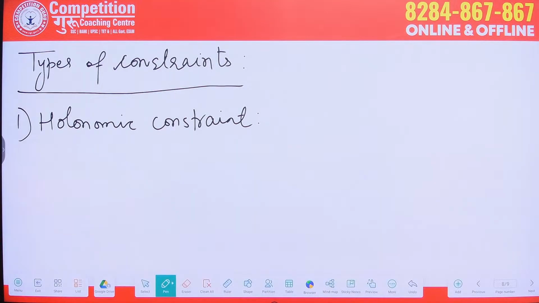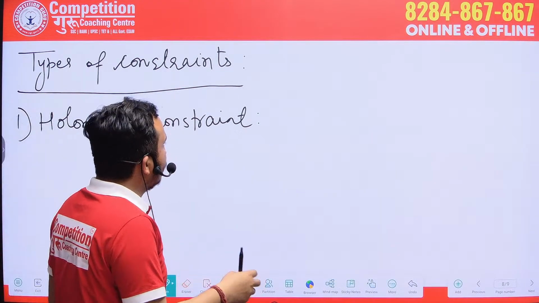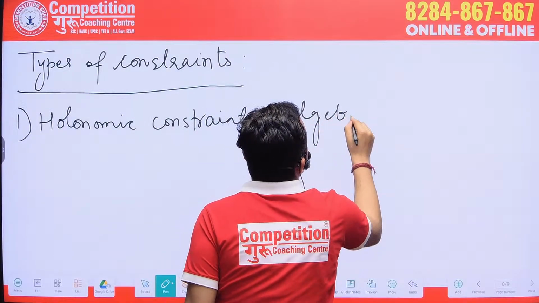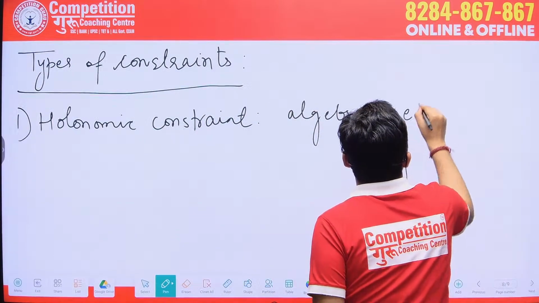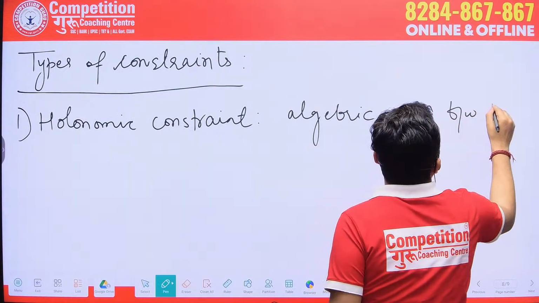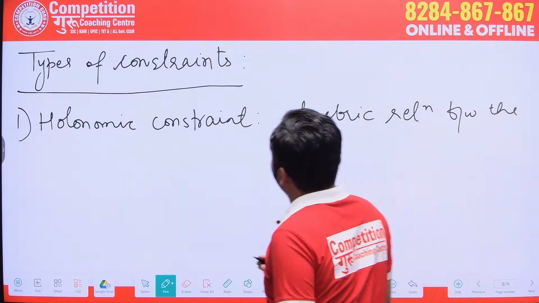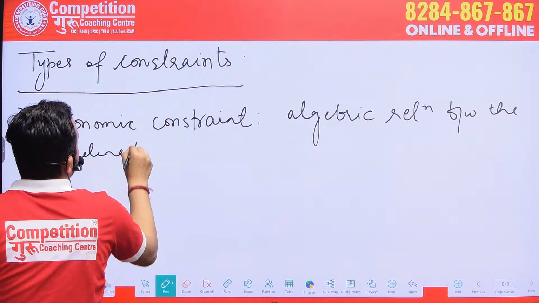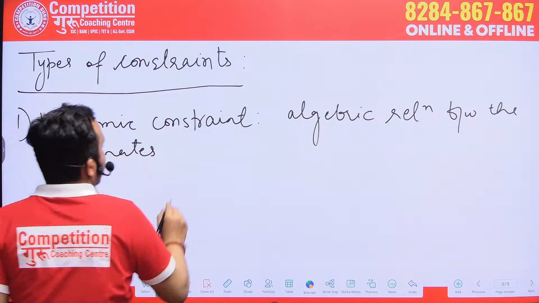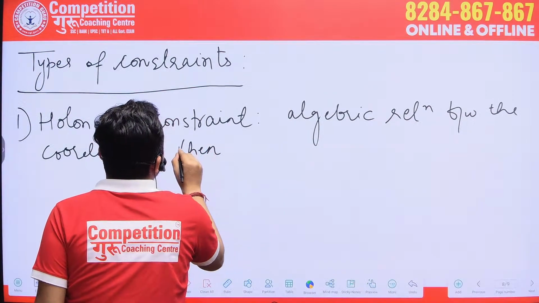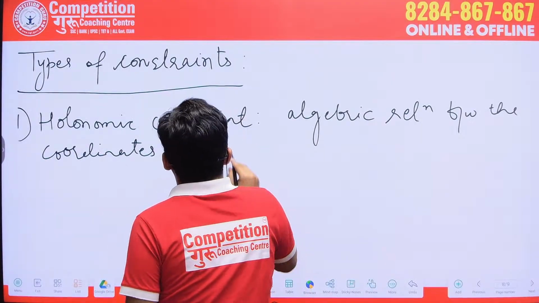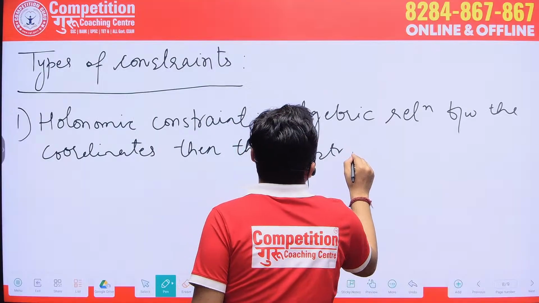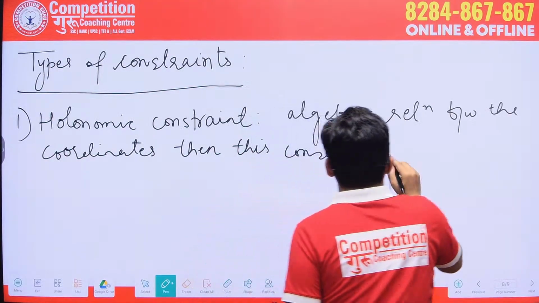So if we can find an algebraic relation between the coordinates, then this constraint is called holonomic.